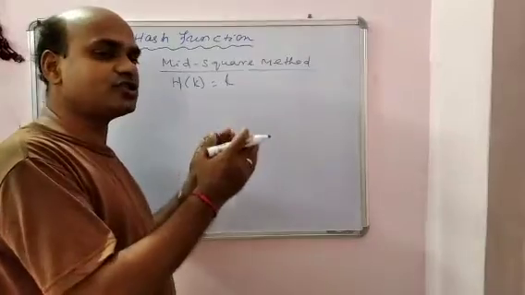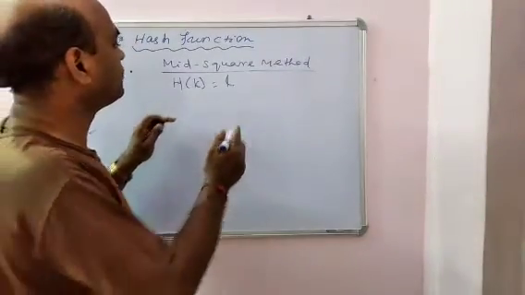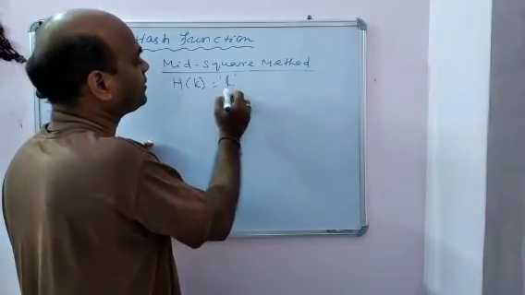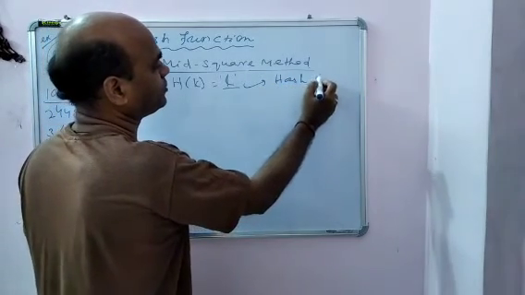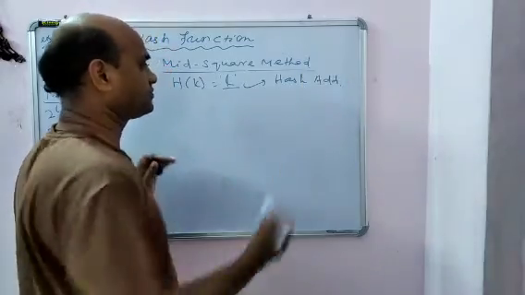So by eliminating digits from the square of this number, we accept L, that is the hash address or memory address.